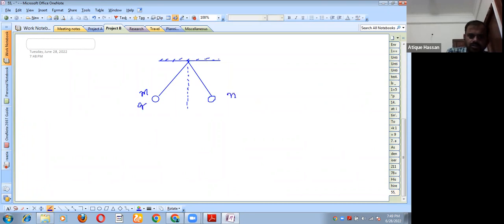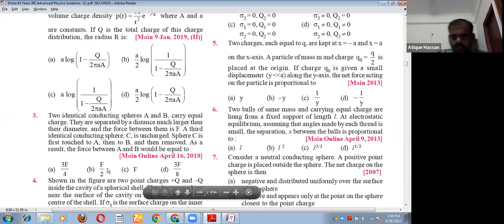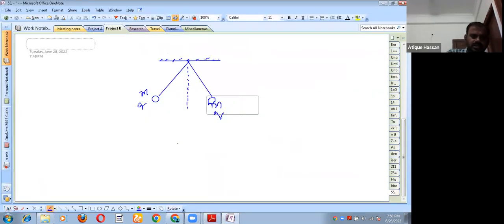Mass of this ball is m and charge is q. Suspended from support. So what will happen is, string length is L and the separation x between them is given. So at this time, what will happen?